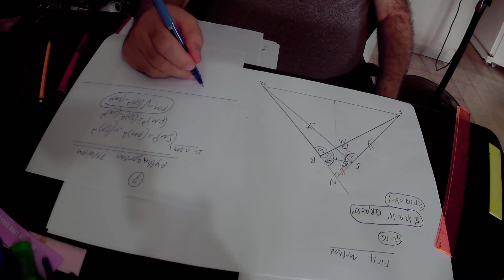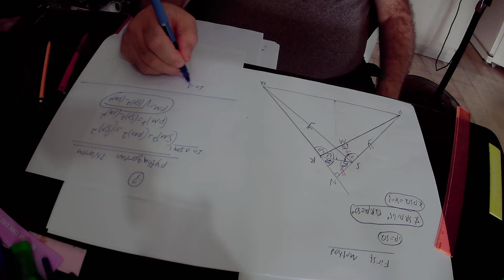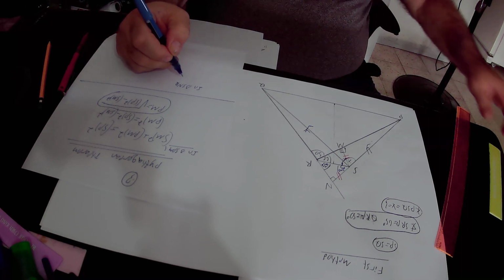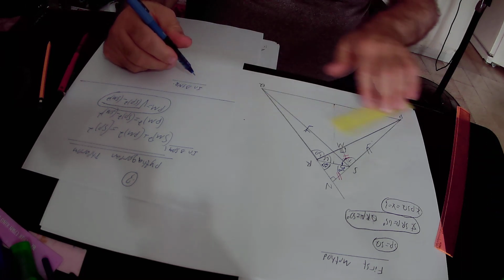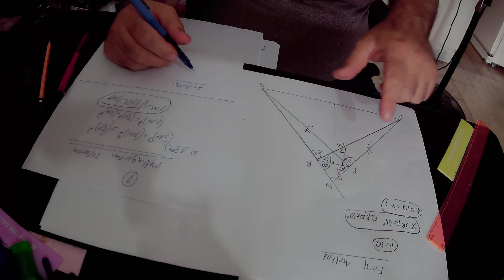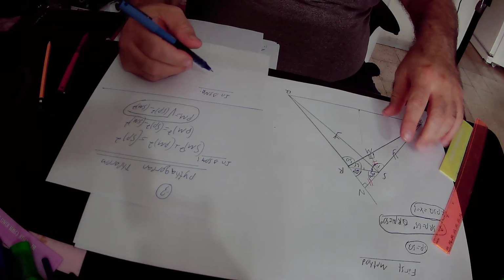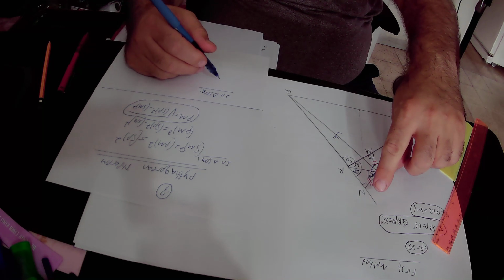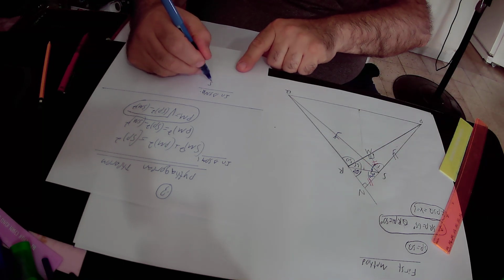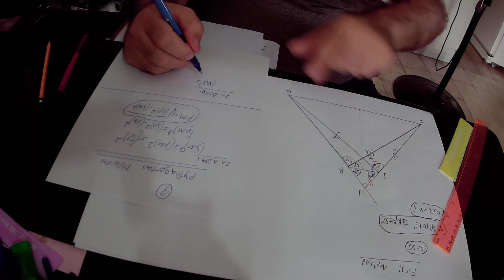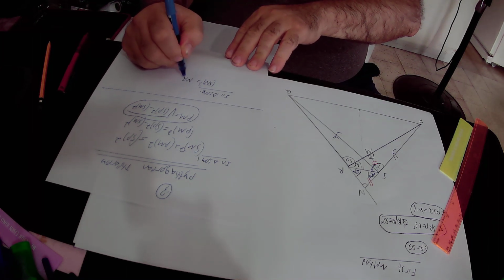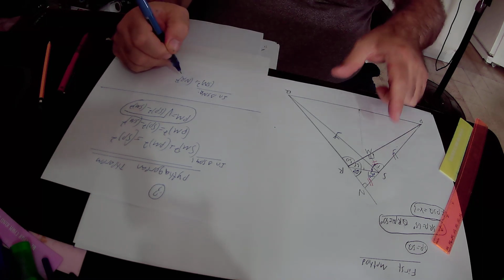In the right triangle SNQ, according to the Pythagorean theorem, the square of the hypotenuse equals the sum of the squares of the perpendiculars, that is to say SN square plus NQ square will be equal to SP square.